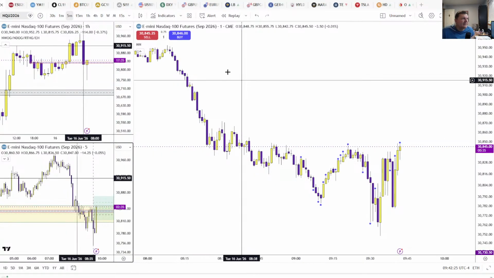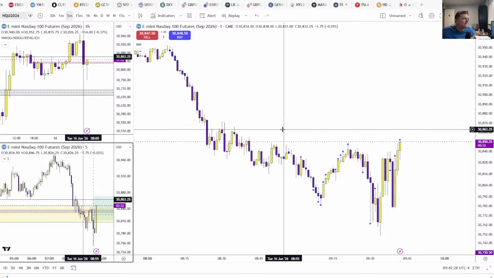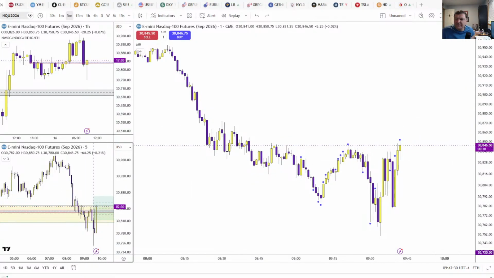So we can get some lift here now into that 865 area.